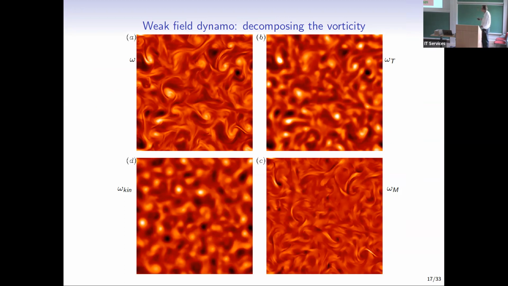So this is the vertical component of vorticity. This is the thermal vorticity, which has no sharp features. And the magnetic vorticity, so this is sort of interesting, how it saturates the dynamo is through the formation of vortex sheets at the edge of these vortex cores. Okay, so there's a clear distinction in these two.